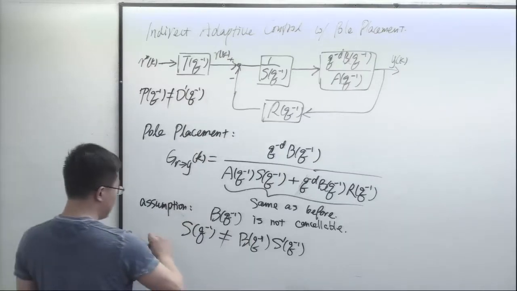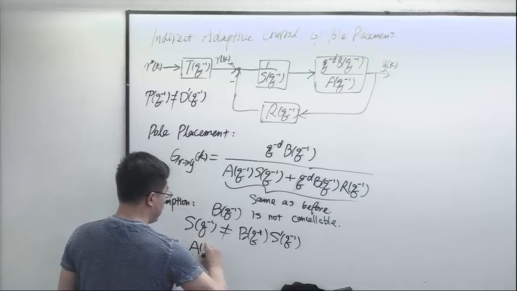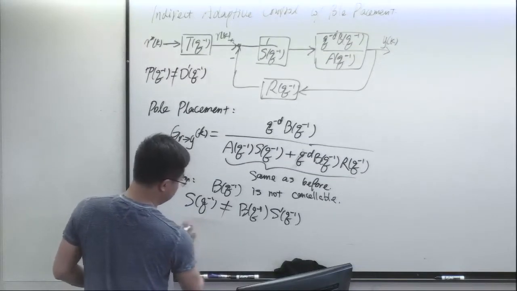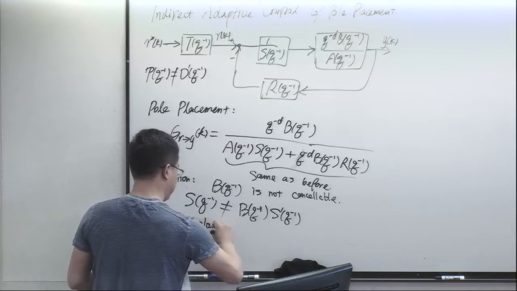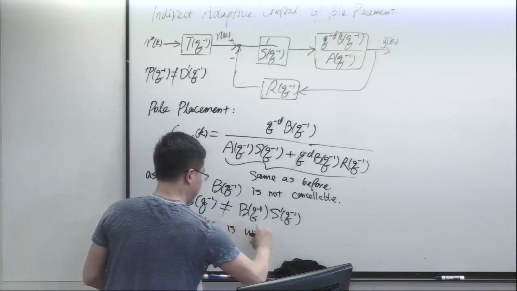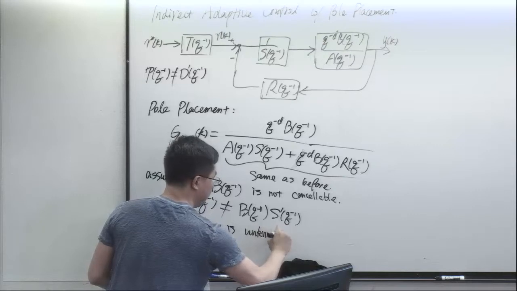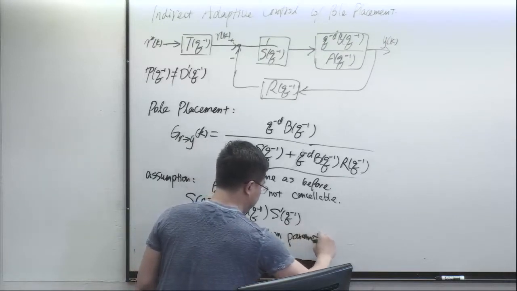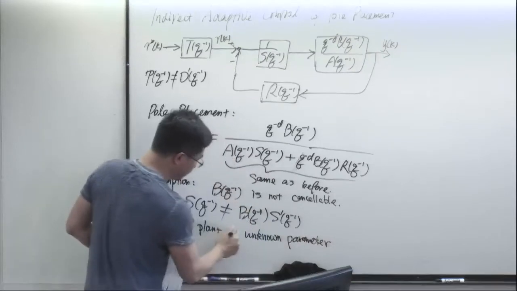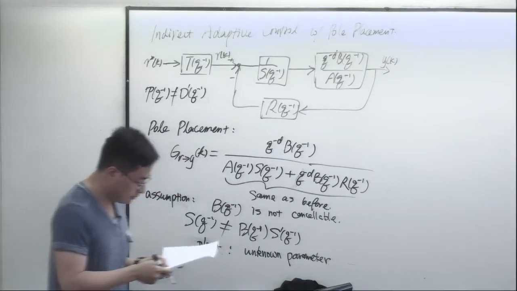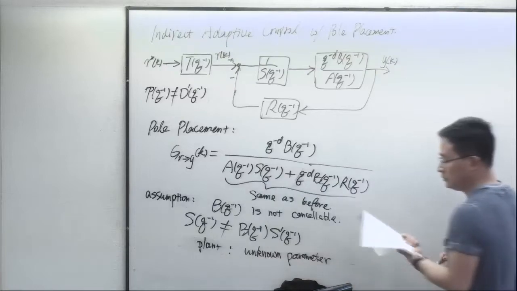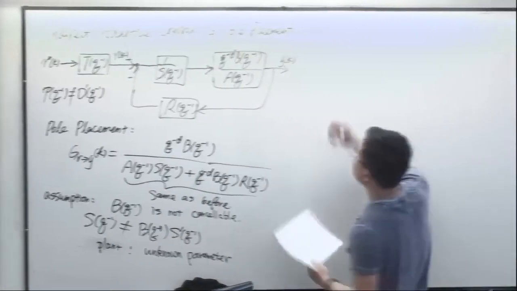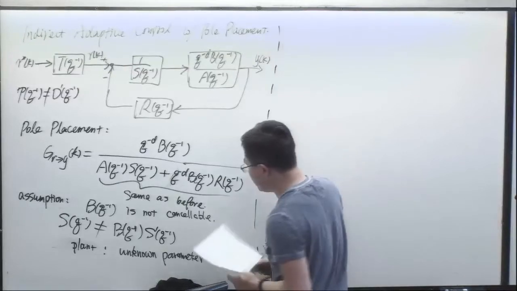The same assumption is, and then A, we don't know the plant. The plant is unknown. Unknown parameters. So under this type of setup, the indirect adaptive control does this.